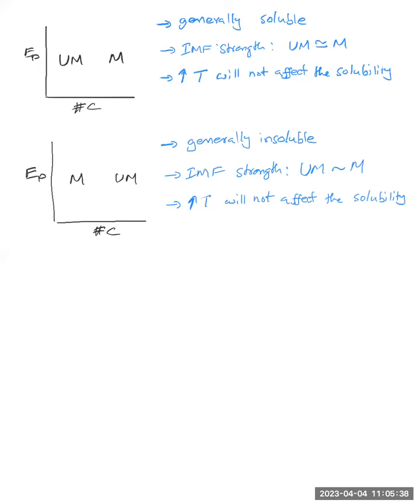If we have the mixed state at a higher number of configurations, then it's generally soluble. If we have the mixed state at a lower number of configurations, it's generally insoluble. One more time, IMF strength and the temperature effect are also listed for all six cases here.